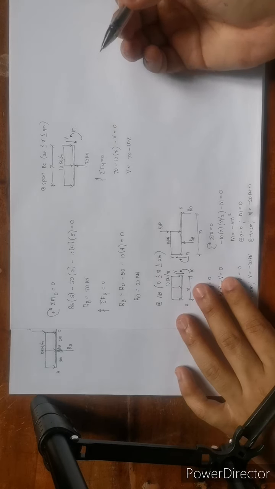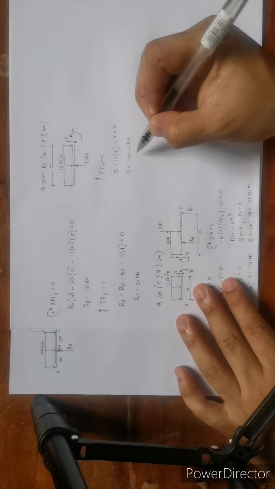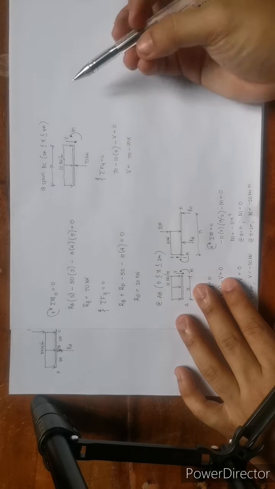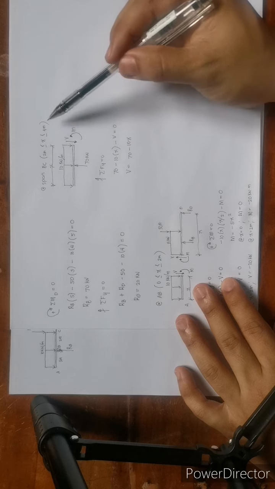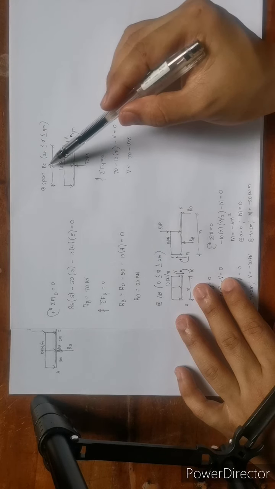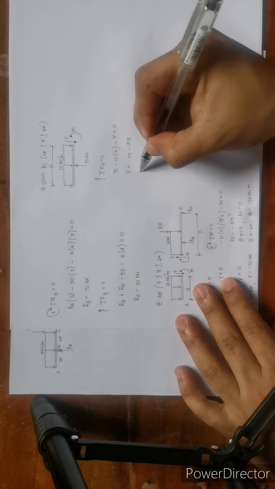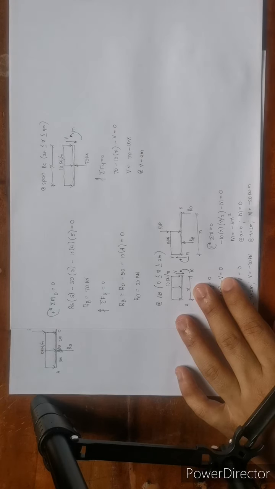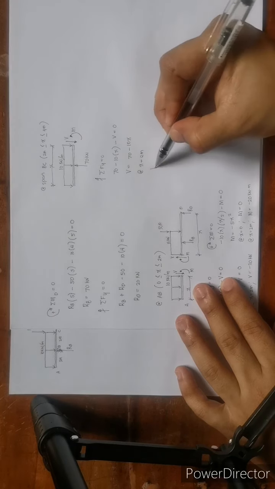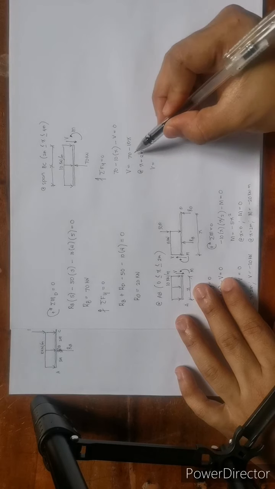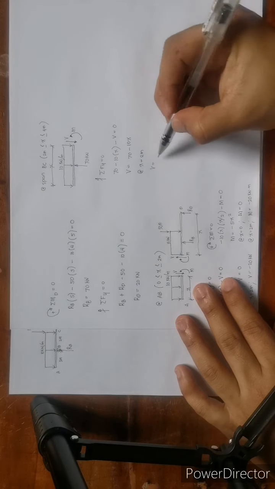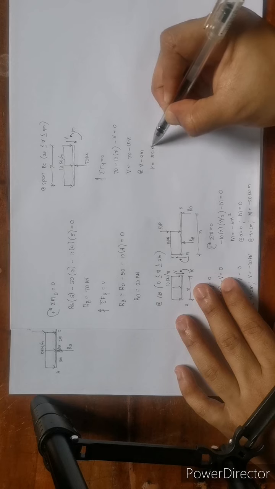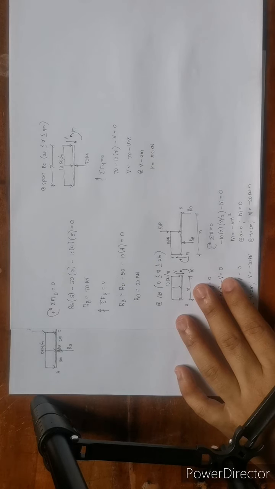So, para makuha natin yung shear values natin, we will just substitute the values of x, which is 2 meters and then 4 meters along span BC. So, first one at x equivalent to 2 meters. Substitute lang natin, guys. Do the math again, guys. 70 minus 10 times 2. That is 50 kilonewtons.